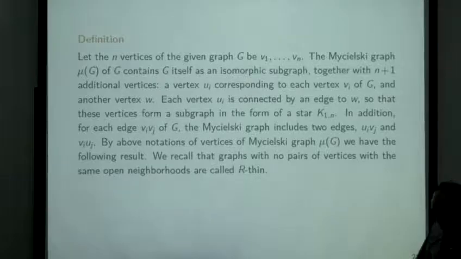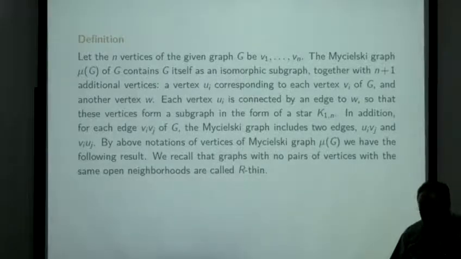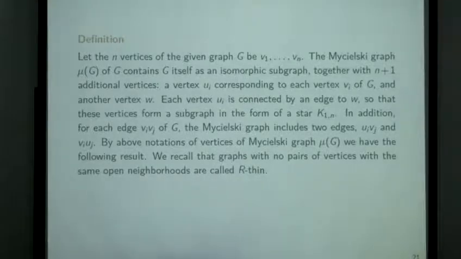Okay, and I think the last family of graphs that I consider here is the Mycielski graph. We have a graph G with n vertices v1 to vn. The Mycielski graph, denoted by mu(G), contains G itself as an isomorphic subgraph.